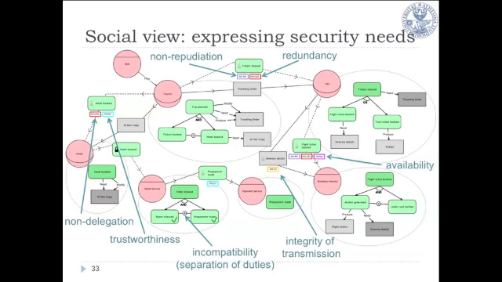How do we do that? Whenever we have security needs expressed over interactions, say non-repudiation, redundancy, availability, integrity of transmission, and so on. For instance, consider non-repudiation expressed by the tourist towards the travel agency service.